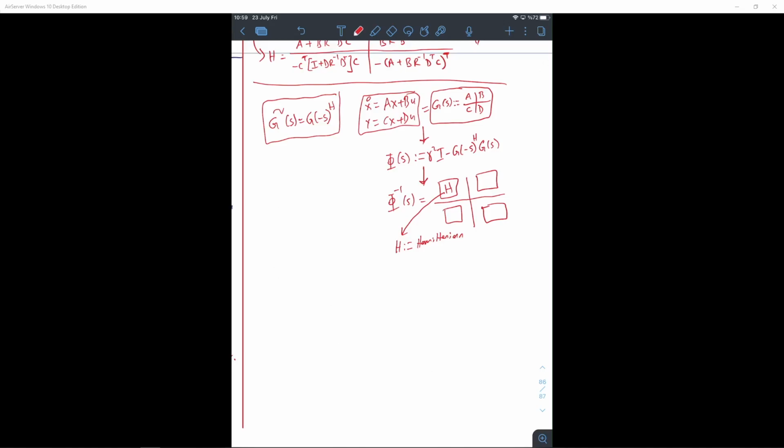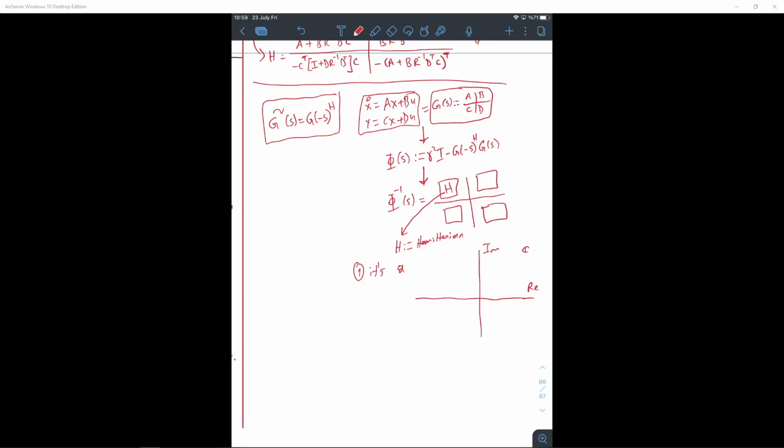a couple of things to say about Hamiltonian is, first, I don't want to use fancy terms. Real, imaginary, this is the complex plane, right?